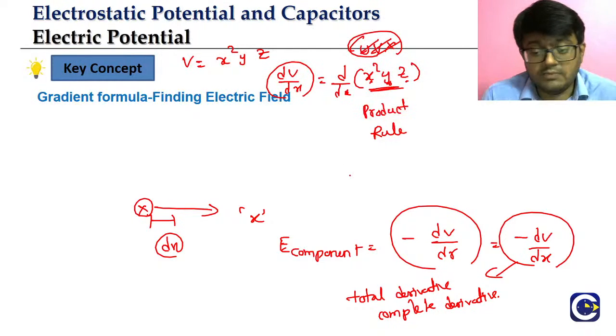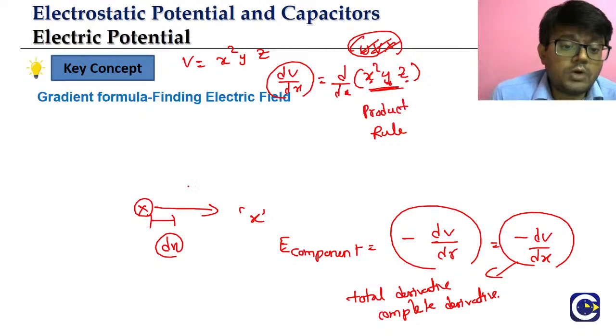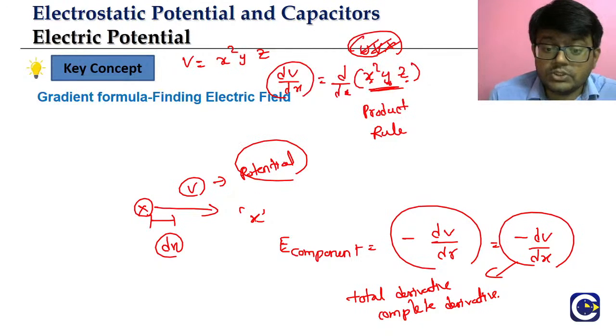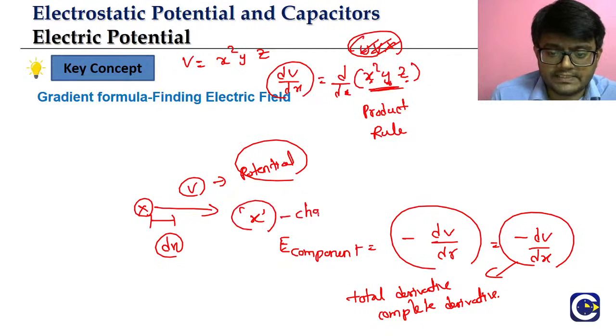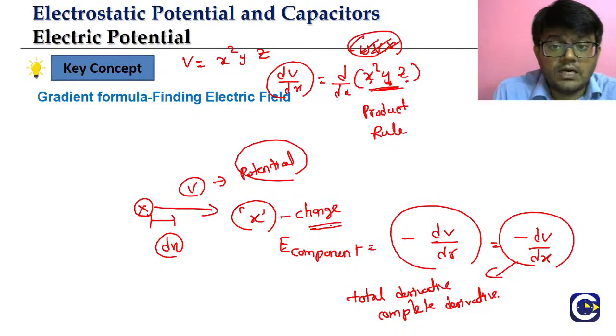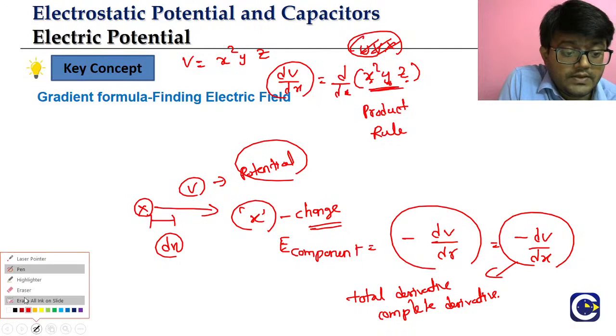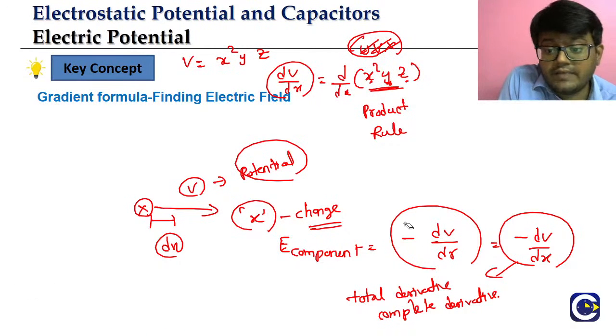But here we are only interested in knowing how the potential value is changing just due to the change in the value of x. We are not interested in the change in the potential value because of the variable y or variable z.